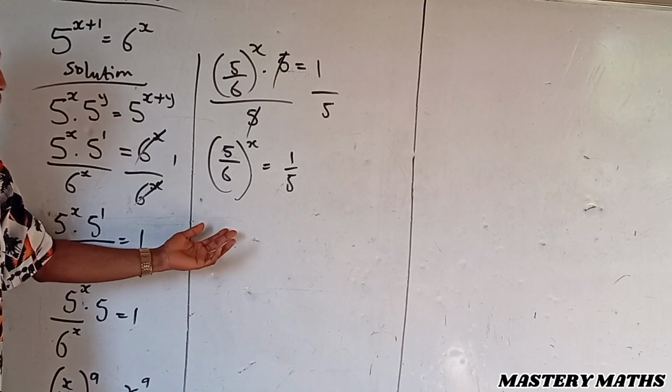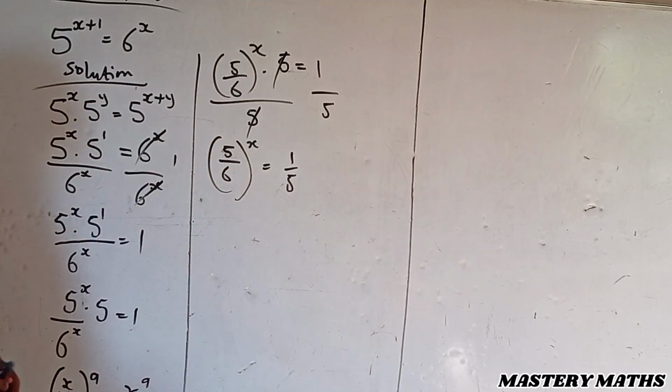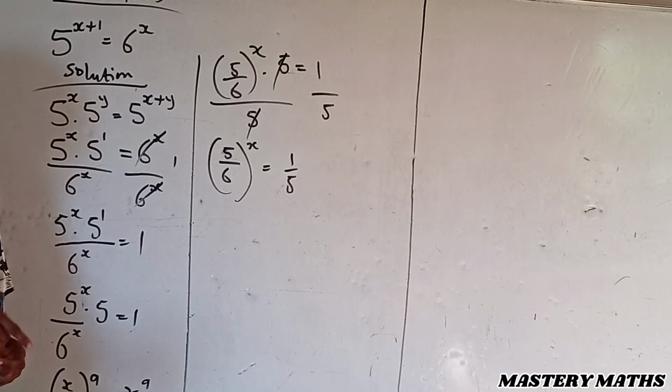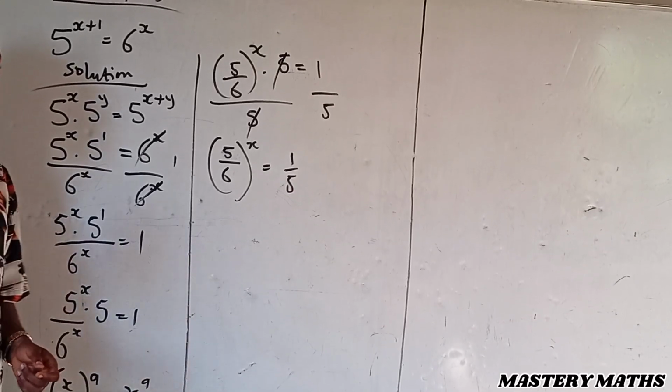Now, having done this, remember we are still looking for the value of x. Now, what should we do? We need to obey the law of logarithm, which says log of a base to its number is equal to 1.